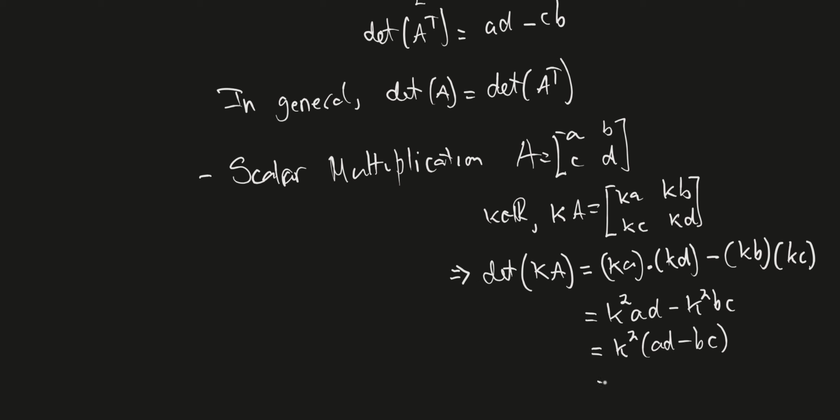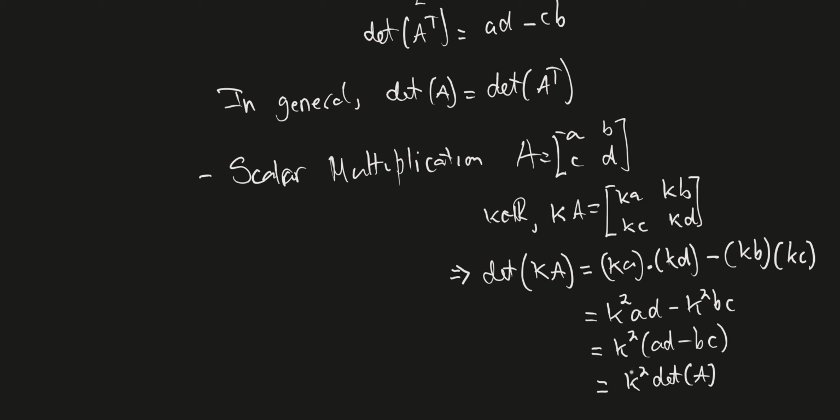So this is K squared times the determinant of A. In a way, you essentially factor out a constant out of one row, factor out the constant out of another row, and those two factors contribute to K squared, and what you're left with is the determinant of the original.